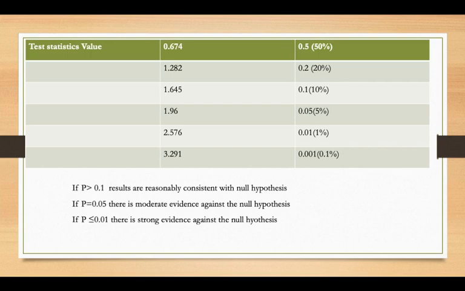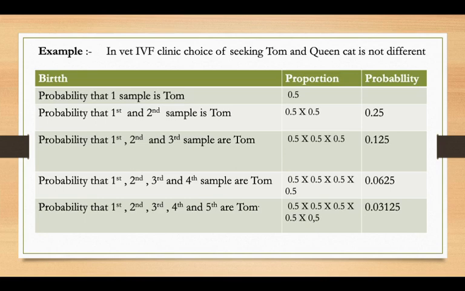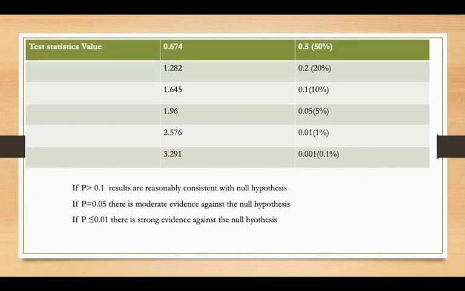But if we see the probability value is much less, for example 0.001, that means there is only a 0.1% chance, which is strong evidence against the null hypothesis. Out of 100, there is 1% strong evidence against the null hypothesis. So in our case here, the value 0.03125 falls somewhere over here.